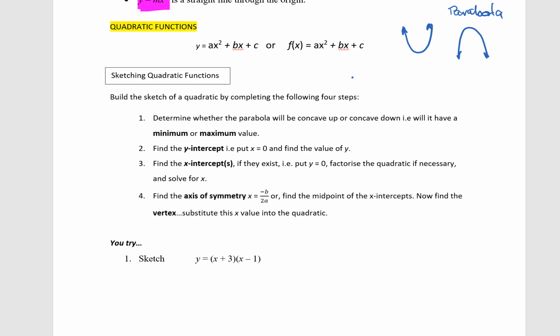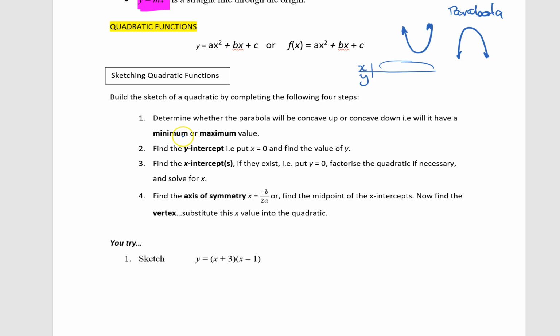Drawing a table of values is very time consuming, and we have to make sure that we get the appropriate set of x values for our parabola to assume its full shape. So rather than do that, if you can think about these features of the quadratic, of the parabola, it will help you to draw the sketch.